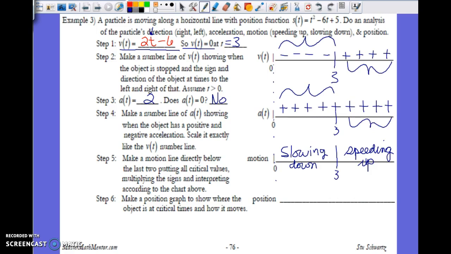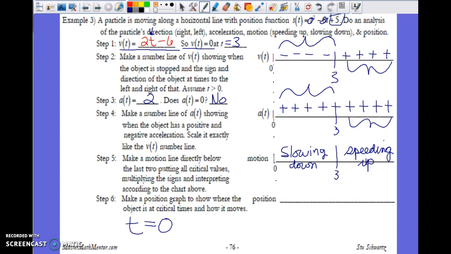Okay, finally on step 6, making the position graph, you always want to start at t equals 0. And in order to analyze the position at t equals 0, let's find out what the position is at t equals 0. If you plug in a 0 here and a 0 here, the position equals 5.